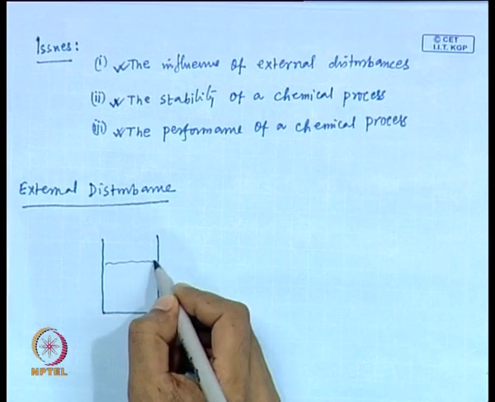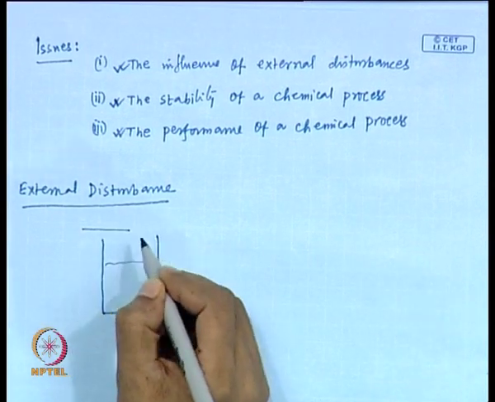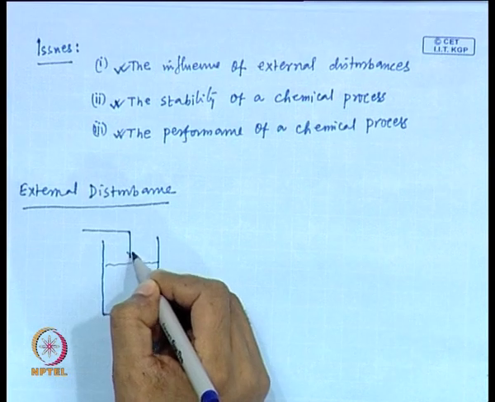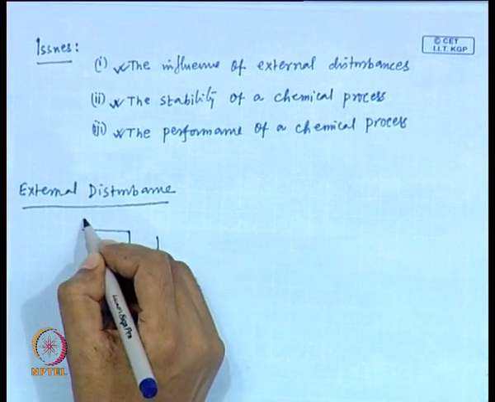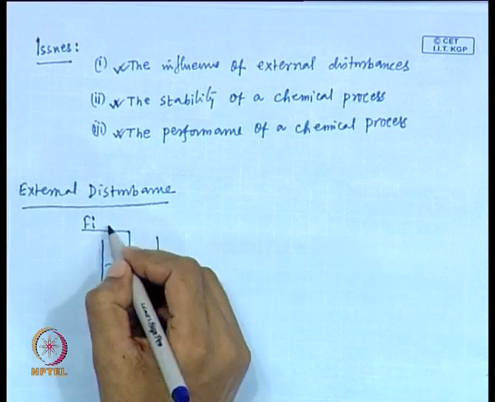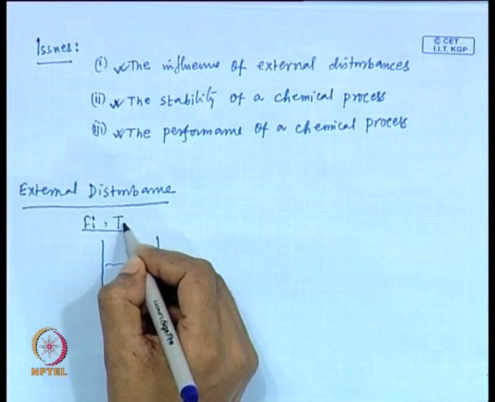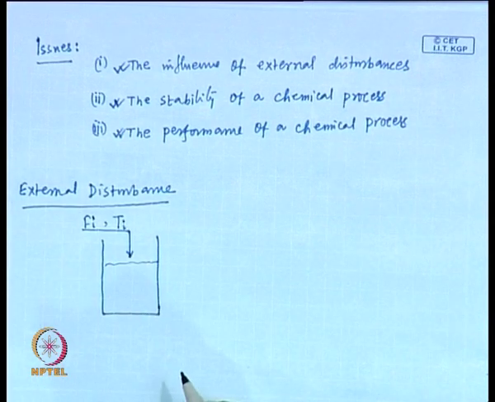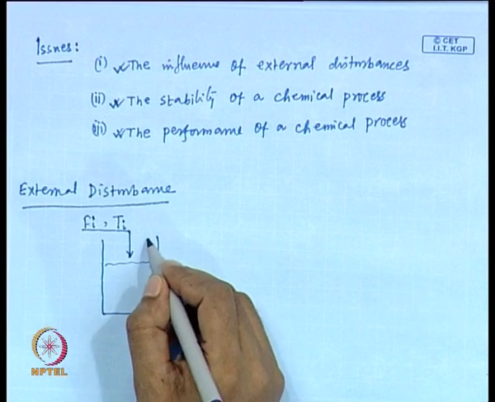This is a tank, a liquid stream which is entering this tank with a flow rate of F suffix I. Temperature of this inlet stream is T suffix I. Now, this liquid is stirred.